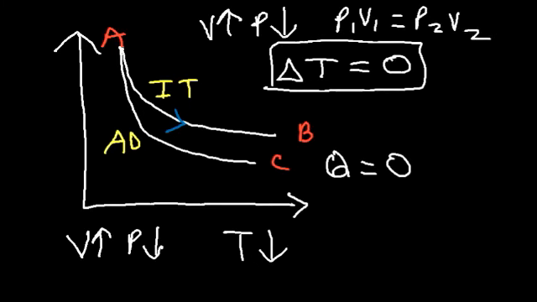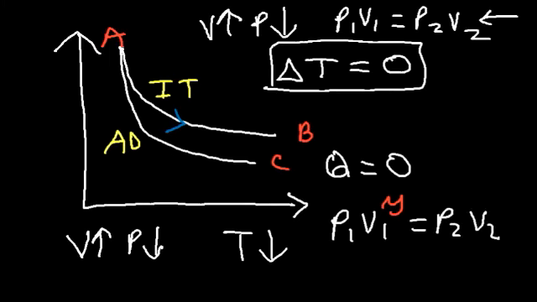Now, because the temperature changes in the adiabatic expansion, because it cools down, you need to use a variant of this equation. The equation that you need to use is P1V1 raised to the gamma power is equal to P2V2 raised to the gamma power.